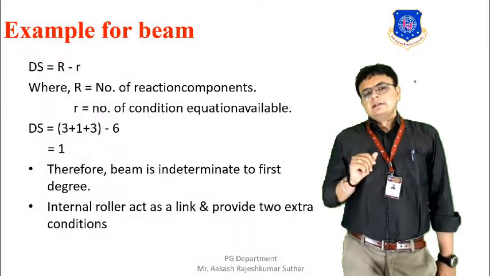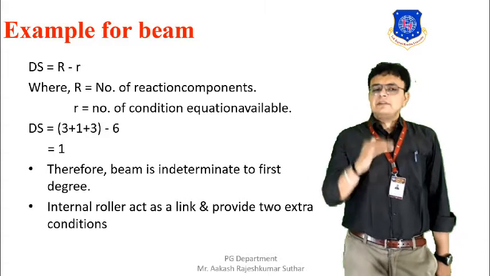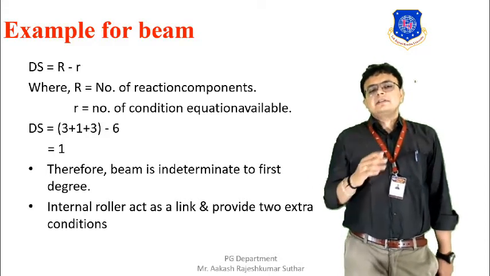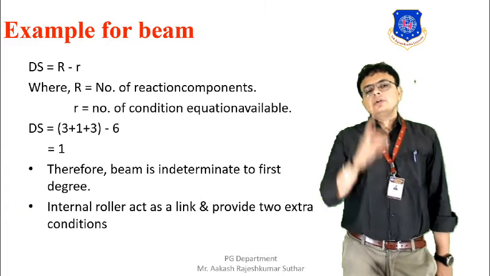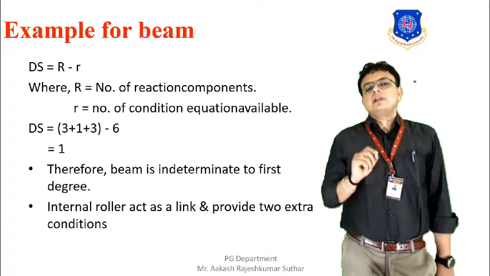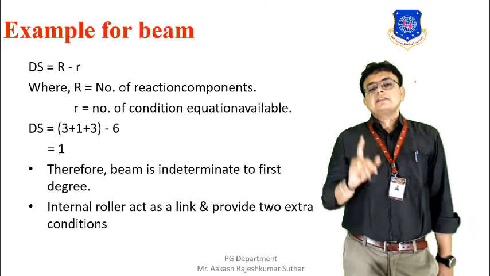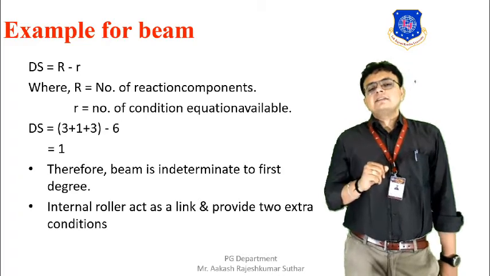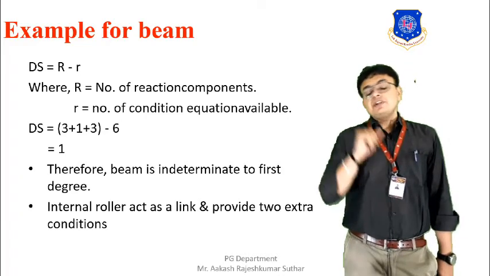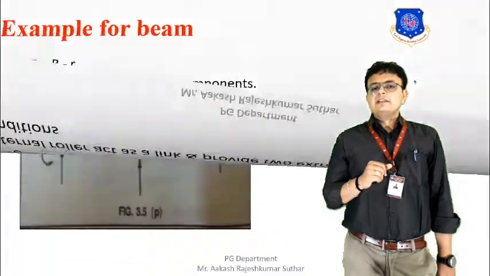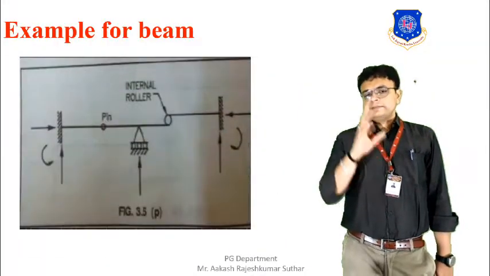basically, for any kind of beam, in the previous session we have discussed that the degree of static indeterminacy will be equal to R minus r, where capital R is the number of reaction components and small r is the number of condition equations that are available. Seeing the figure, there are mainly 3 supports.